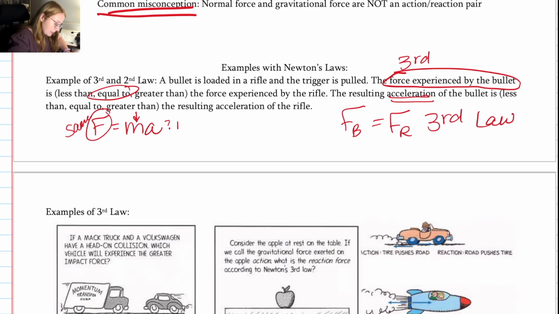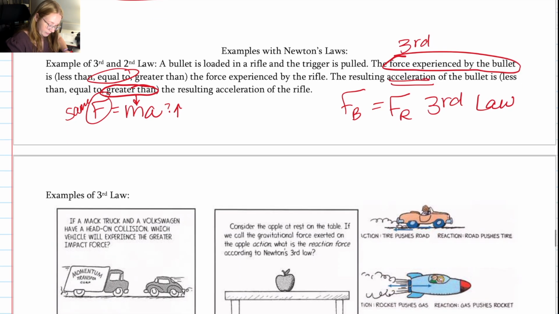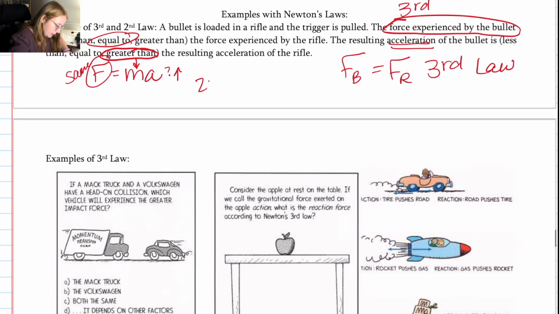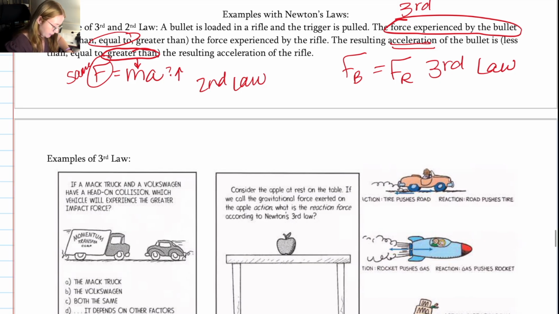Well, with smaller masses, they experience a larger acceleration if it's the same force, so greater than the rifle. And that's proved with the second law. Okay, so if we need to know how different variables are related, that's the second law. But if it talks about what force does one object experience versus another object, that's Newton's third law.